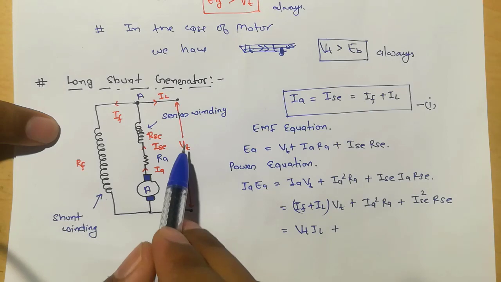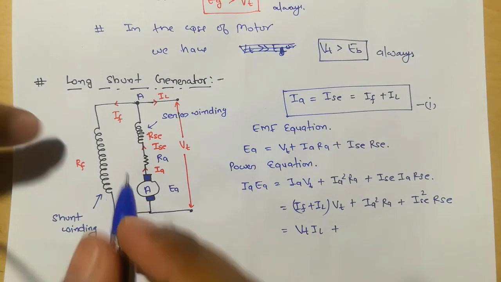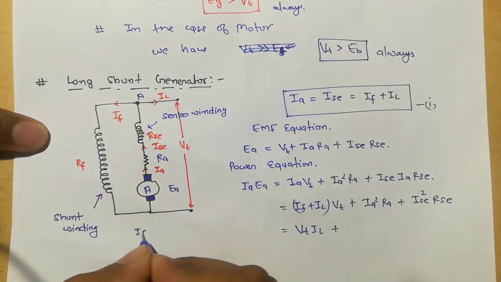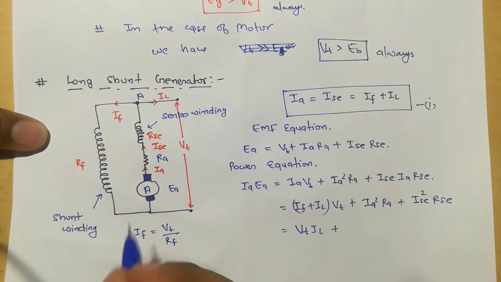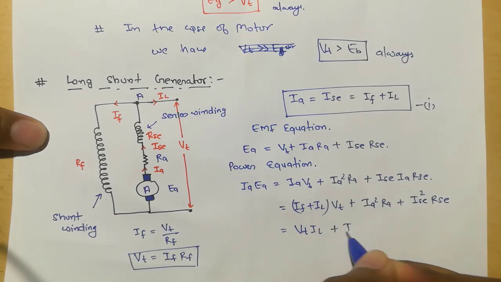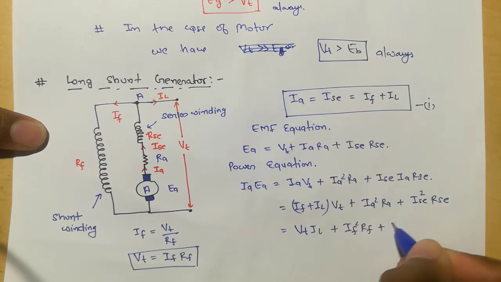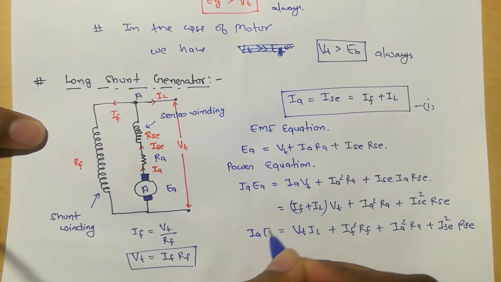So the value of IF is equal to VT upon RF, and the value of VT is IF RF. Now when we multiply with IF VT and put VT as IF RF, we get IF square RF plus IA square RA plus ISE square RSE, which is equal to IA EA. So this is our power equation.